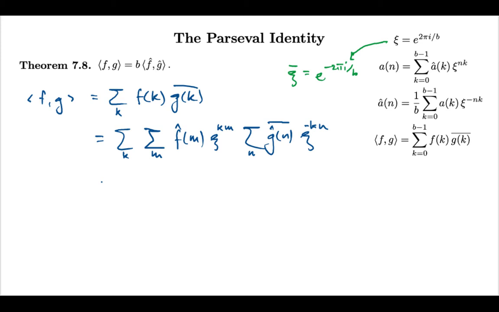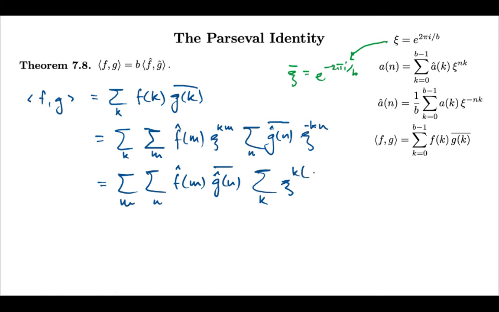Now we reshuffle our sum. My outside sum will be over m and n, which means I can write the Fourier coefficients first, and then my inner sum will be over k. And now you can see what happens. Here come the orthogonality relations.